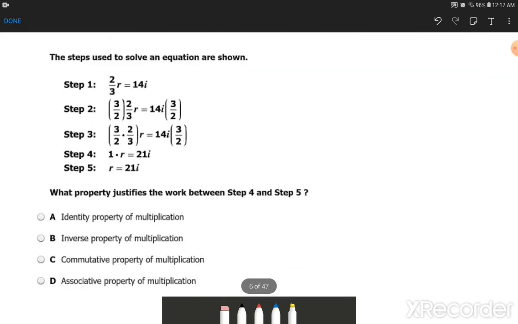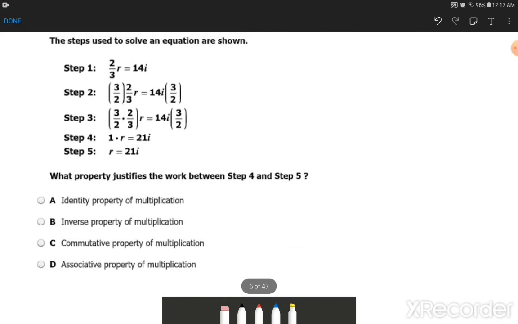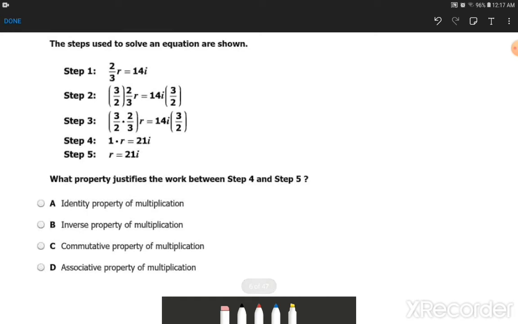Alright, let's move on to our third question. The steps used to solve an equation are shown, and those are the steps. What property justifies the work between step 4 and step 5? In step 4, 1 times r equals 21 times I, and in step 5, r equals 21 times I. We want to find the property.